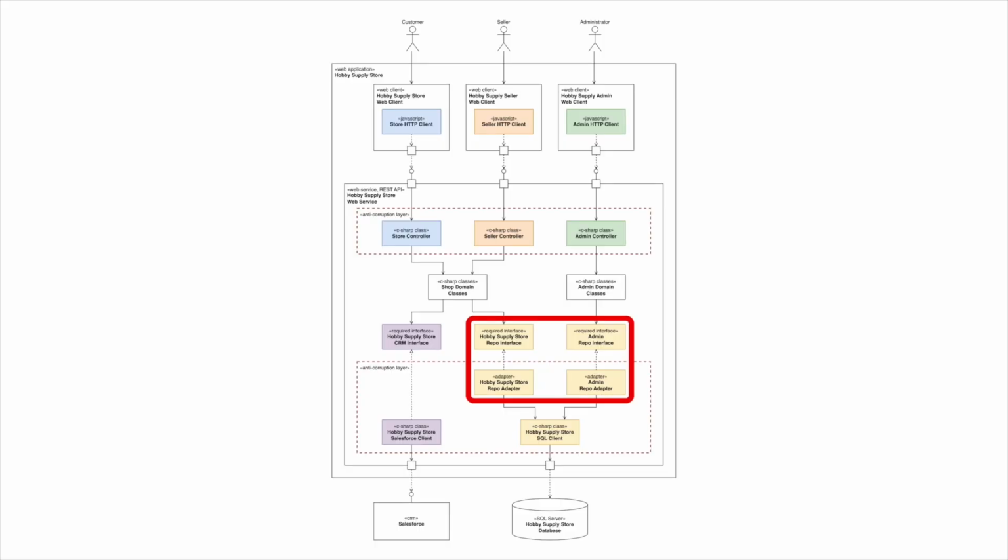Here, each separate required interface is realized by a distinct adapter that maps a specific set of SQL Server responses to the calling class's expected response. What's more, this is how you can reuse dependency classes like that supply store SQL client down here. The adapter adheres to the SQL client class's provided interface and lets it worry about all that SQL-specific responsibility.